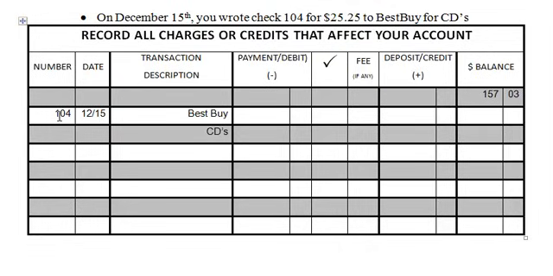And since we purchased something, this was a payment, so it was for $25.25. And then we keep a running balance of our total. So we subtract the $25.25 from our current balance, and we get $131.68.